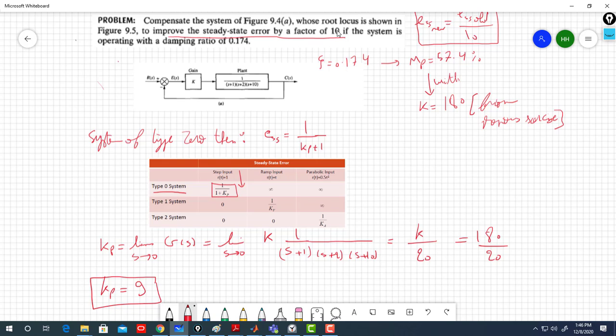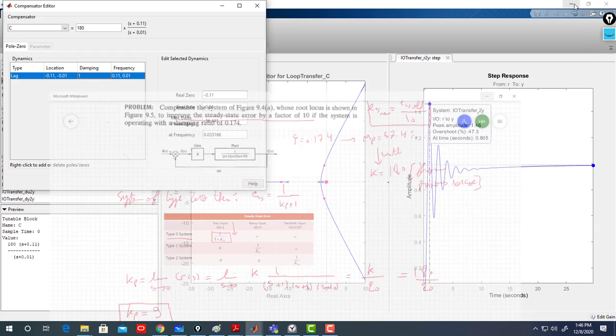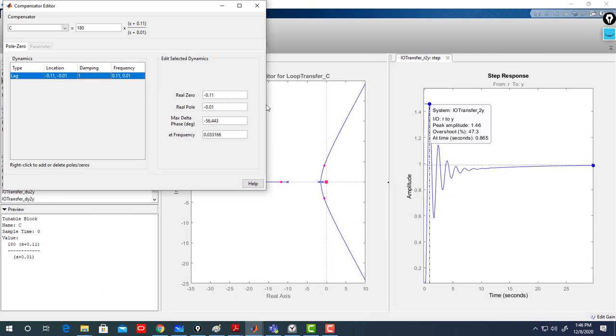Compensate the system to improve steady state error if the system is operating with a damping ratio of 57.3. So then I can get 57.3. And this is at 220 for them.